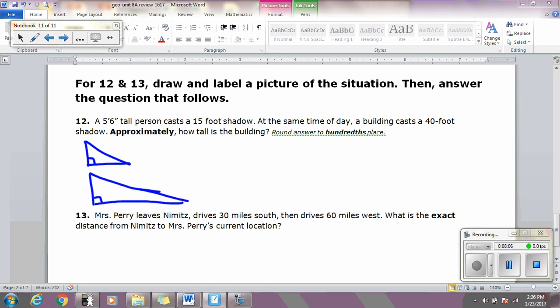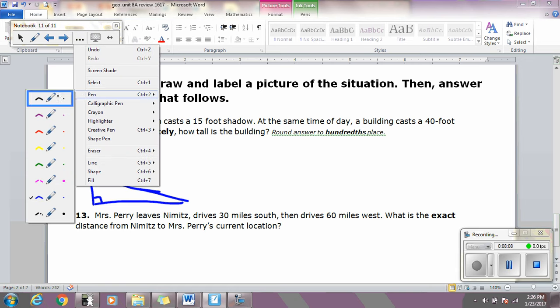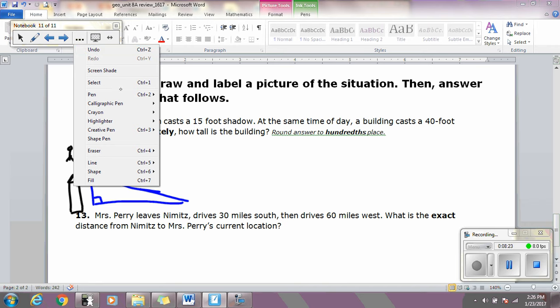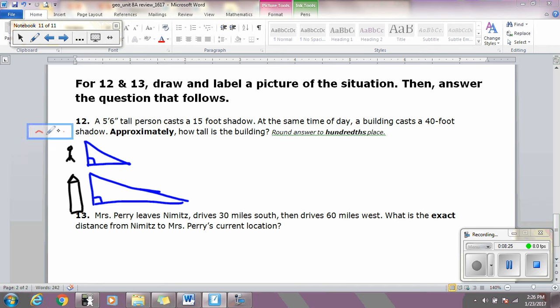So we have a person on the smaller triangle and their shadow, and then we have a building and its shadow. The person is 5 feet 6 inches, so we need to convert that to feet.